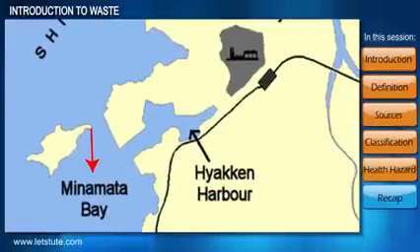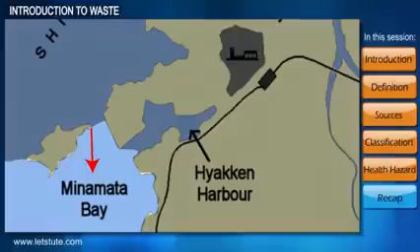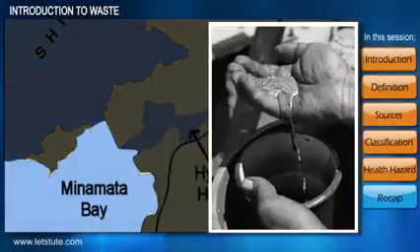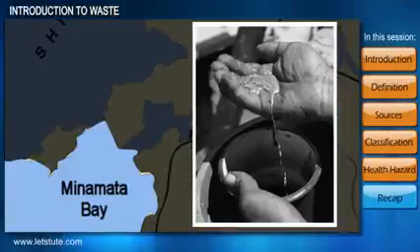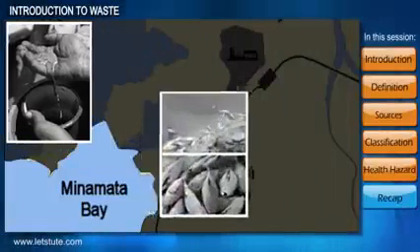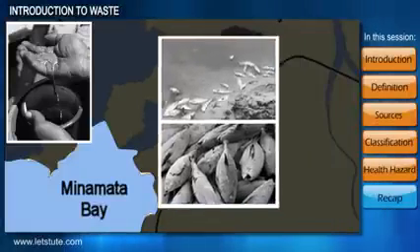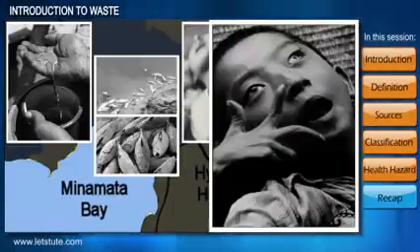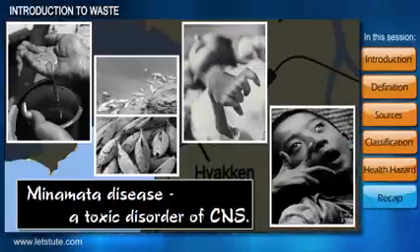Minamata Bay in that city was highly polluted with the wastewater released from the fertilizer plant, which contained excessive amounts of mercury. The highly toxic compound bioaccumulated in fish and shellfish in the bay, which were eaten by the people living around the bay, which gave rise to Minamata disease. It is a toxic disorder of the central nervous system.